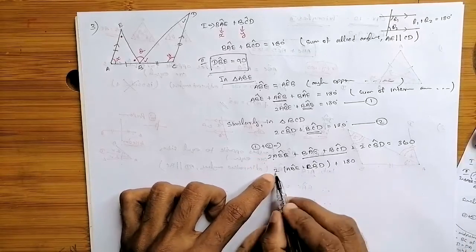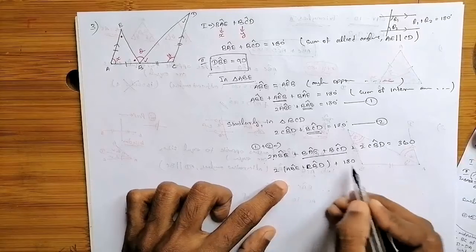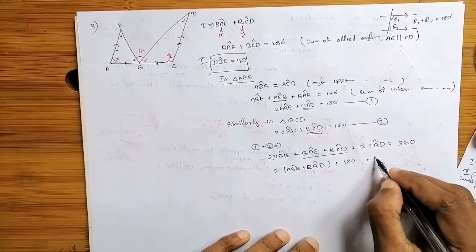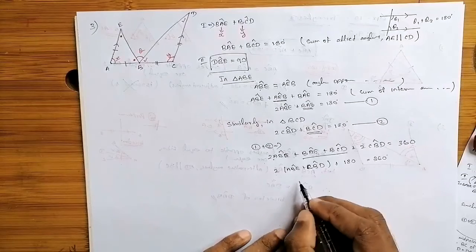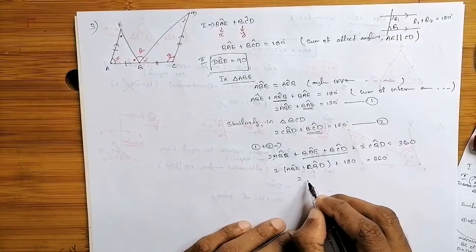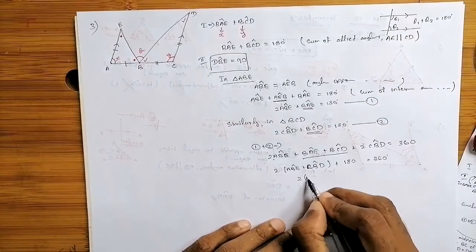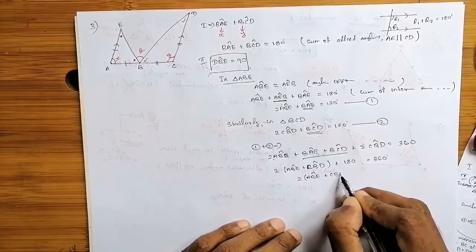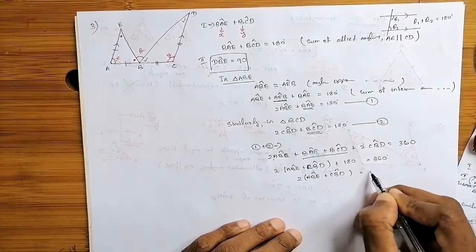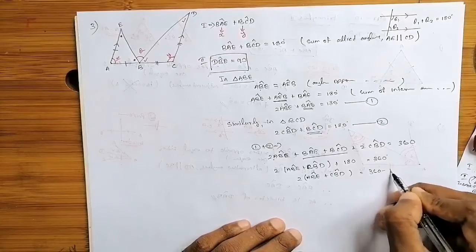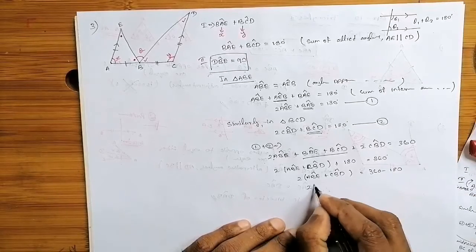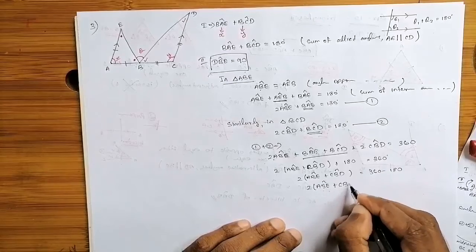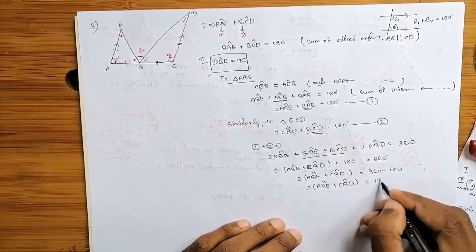We write the 2 common from these two in brackets. For this one we have already proved it is 180. So if we substitute, it is 360. So 180 is sent to the other side of the equation. 2 times ABE plus CBD equals 360 minus 180, which means 2 times ABE plus CBD is equal to 180.